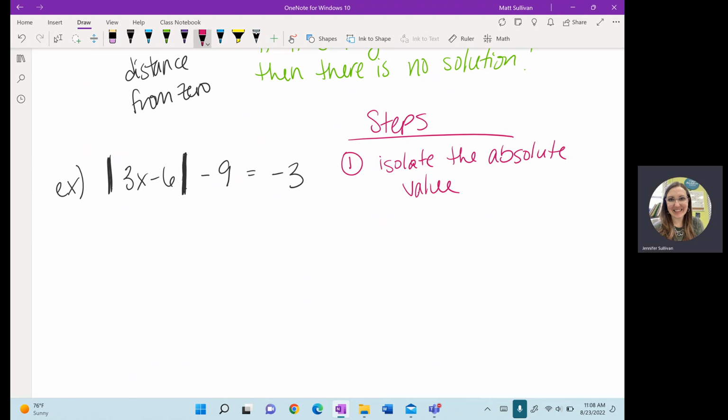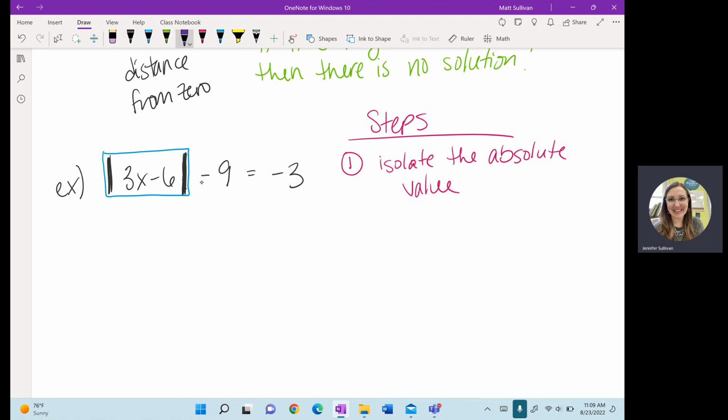So isolate, that means we have to get rid of everything else that's on the outside of the absolute value. So my trick to knowing what I need to get rid of before I write my two equations is circle or put a box right around the absolute value. Anything that's happening outside of that box has to be gotten rid of or undone.